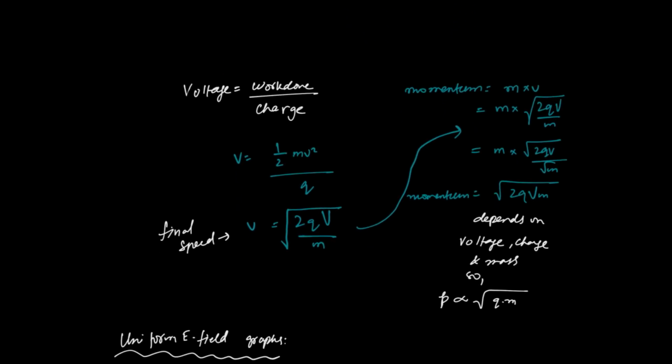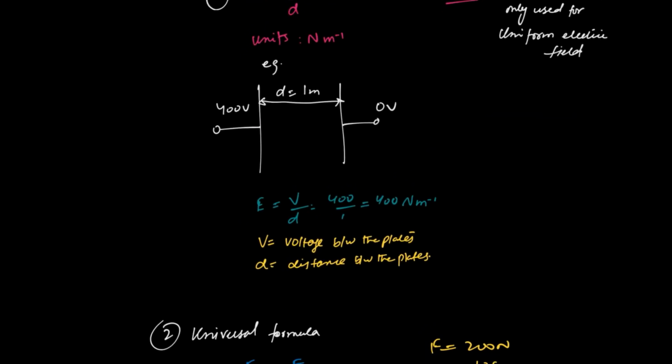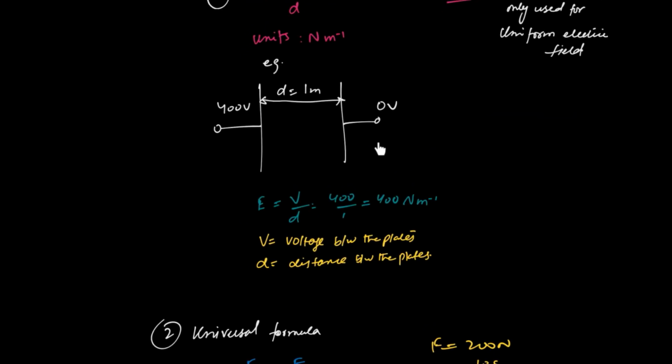Okay, so moving on, we already know that voltage is equal to work done upon charge. Taking the example of this specific scenario where the plates are vertical, let's say this is a charge and it's moving horizontally, and it is not moving vertically, just horizontally, with no change in height.